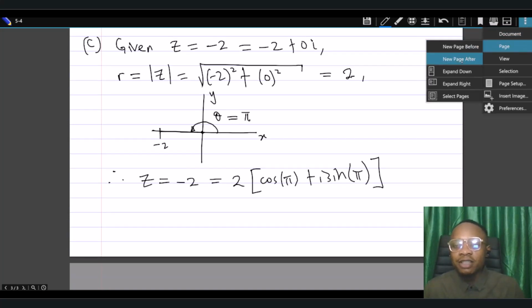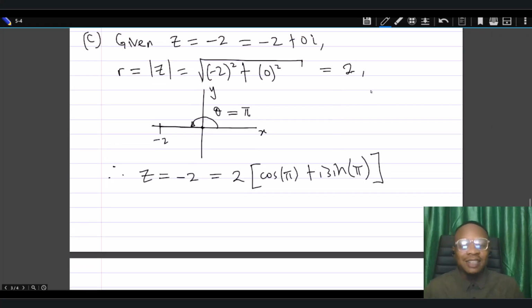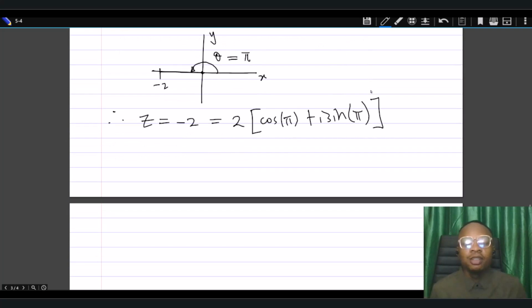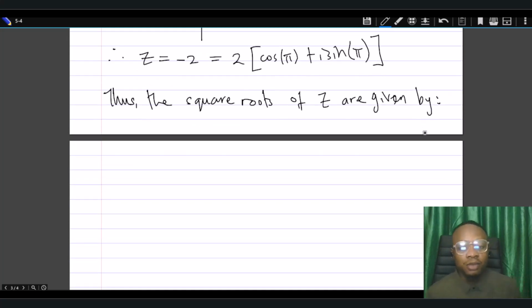So going by this, we now have to get the square roots of minus 2. So let's see what that gives us. To obtain the square roots, we say that the square roots of z are given by the following. We need to get q.